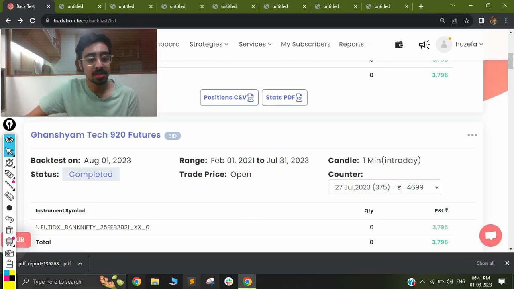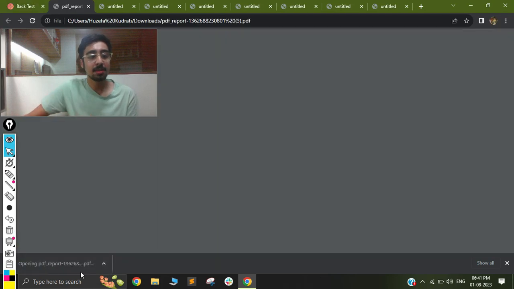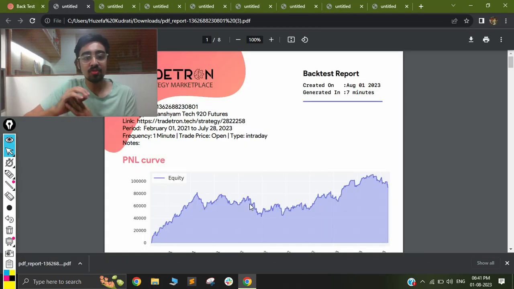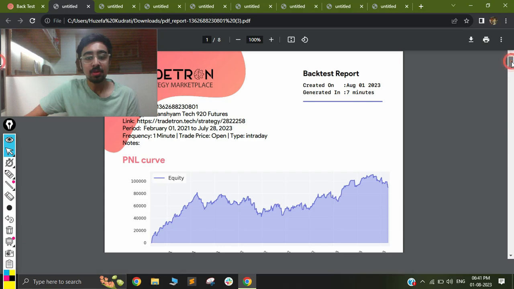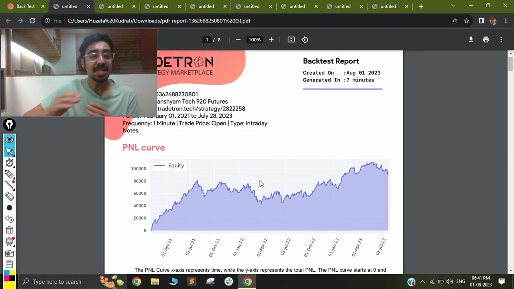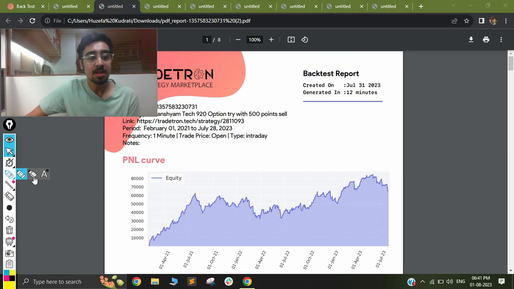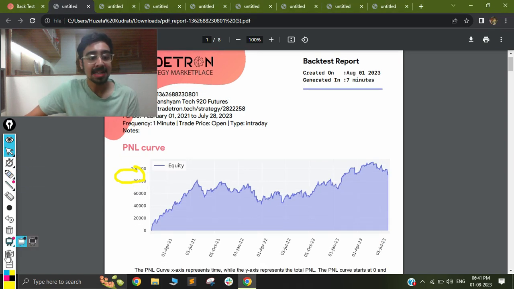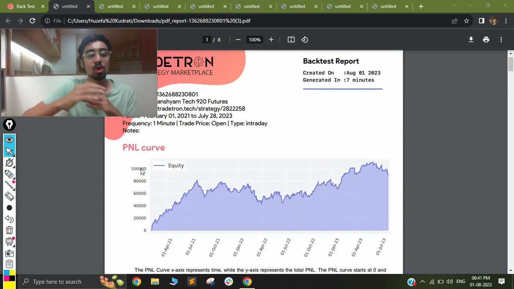So instead of looking at in the money, now that I'm looking at a futures trade, I can see that what was previously in profit of around 80,000. So if you see out here, the max profit generated was around 80,000. Now if I switch to a futures trade, the max profit that I'm generating is close to around 1 lakh rupees. This is the difference that is being generated just by changing the instrument.